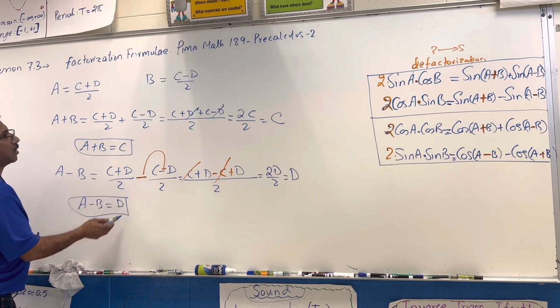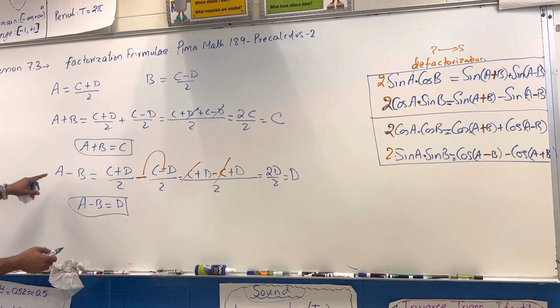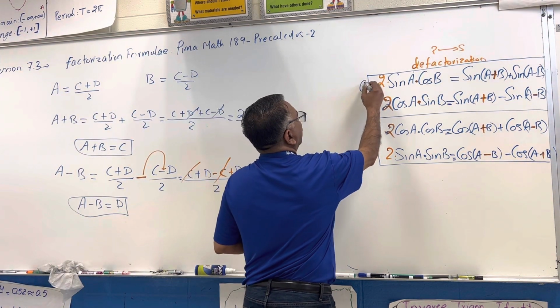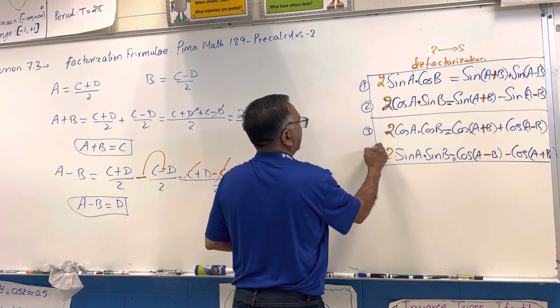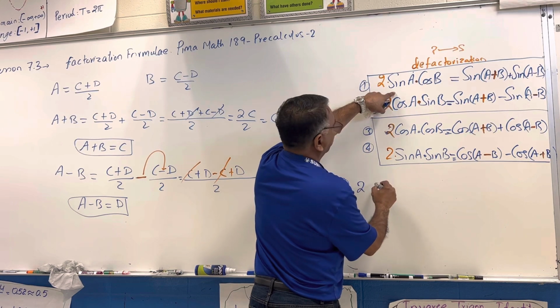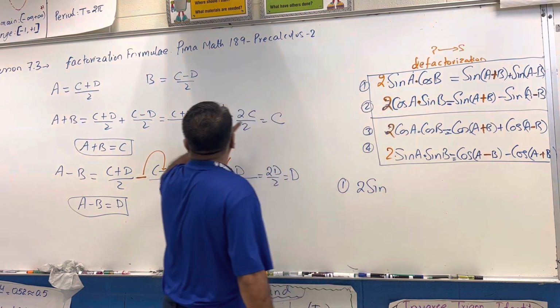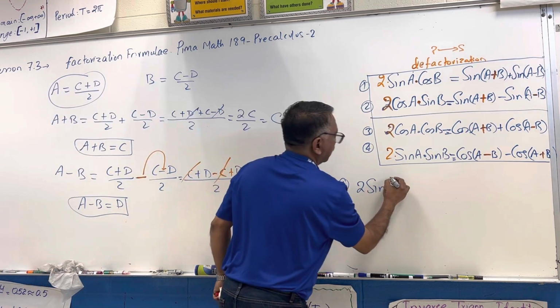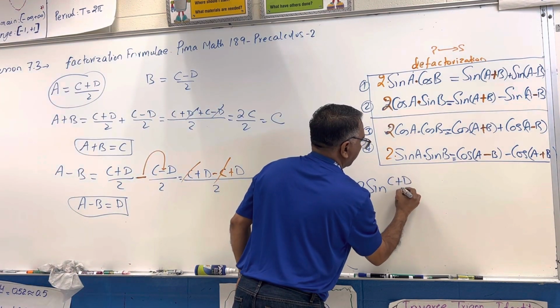This is important. Now all you do is use these two things in the formulas right here. Let's call them first, second, third, and fourth. The first one is 2 sine of A, where A is (C plus D) over 2.